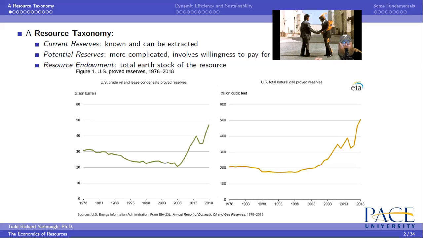And so again, it becomes difficult to delineate between current and potential reserves, but I would say that proved reserves are generally speaking what we would consider current reserves, in the context that we know they're there, as well as we know to some extent what would be the economic cost associated with their extraction.